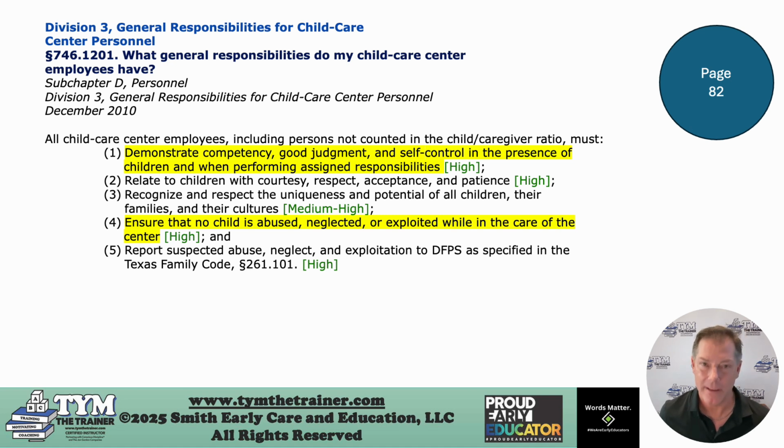We've got research that tells us the way adults treat each other has a bigger impact on the child's development than how the adult treats the child. Okay? Because my state dictates the state of the child. And if adults are not treating each other with courtesy, respect, acceptance, and patience, then that's what we're downloading to the children. Okay, so yeah.